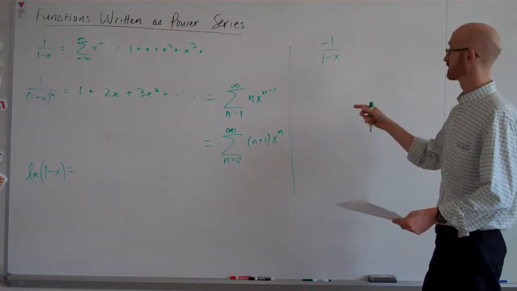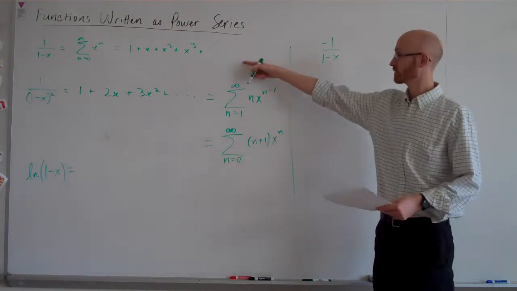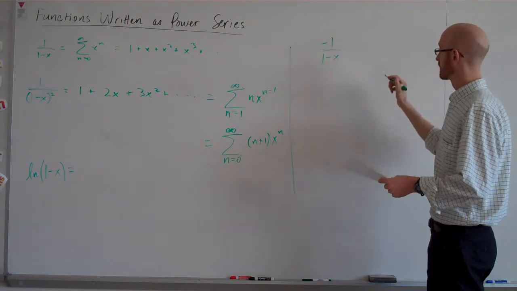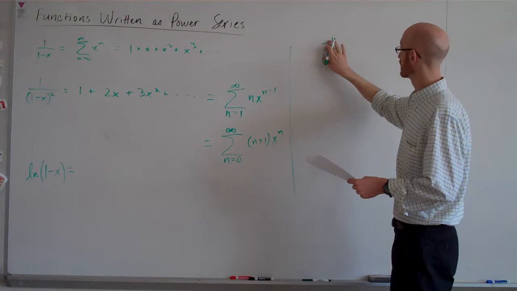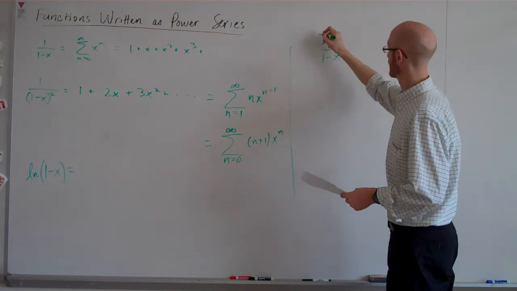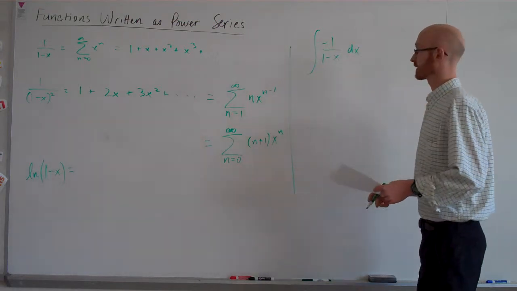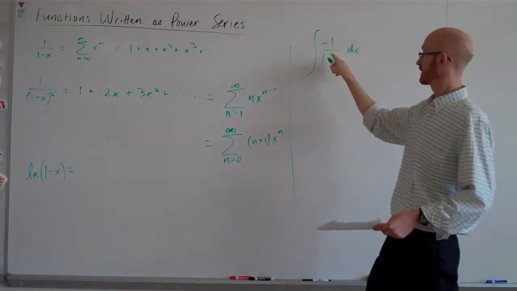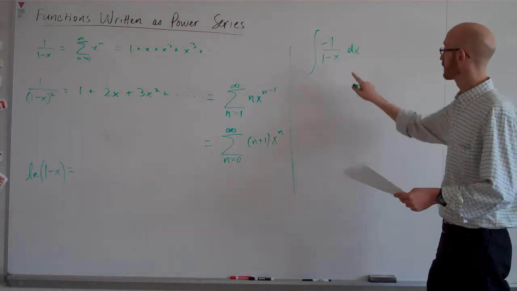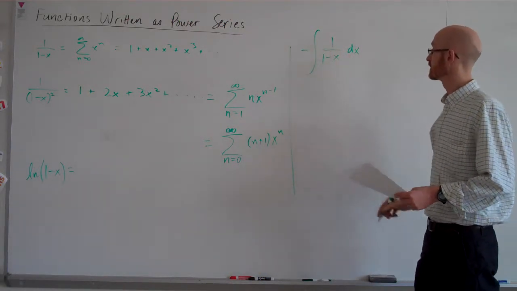And this thing, well, we know that 1 over 1 minus x is that, so we're going to integrate this thing, right? If we integrate this, we should get to the natural log. So first thing I'm going to do is ignore the negative.